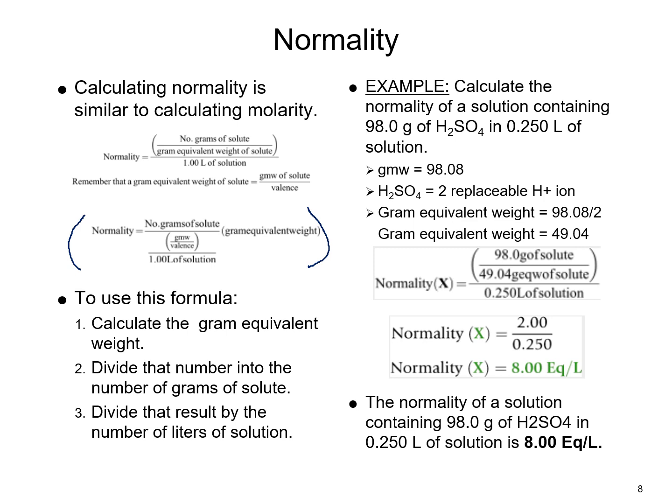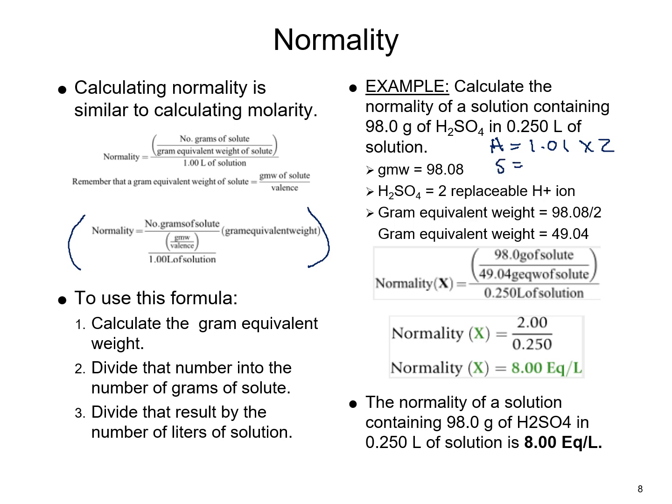Now here we have an example where we need to calculate the normality of a solution that contains 98 grams of sulfuric acid in 0.250 liters of solution. First we need to know our gram molecular weight. The gram atomic weight of hydrogen is 1.01, and of course we need to multiply that by 2.